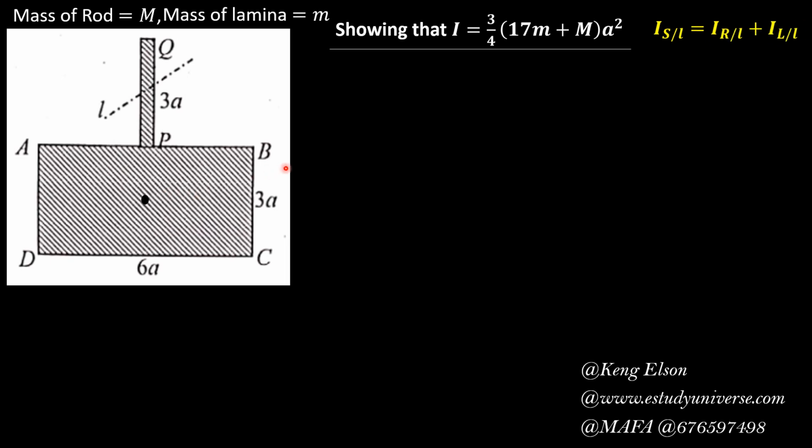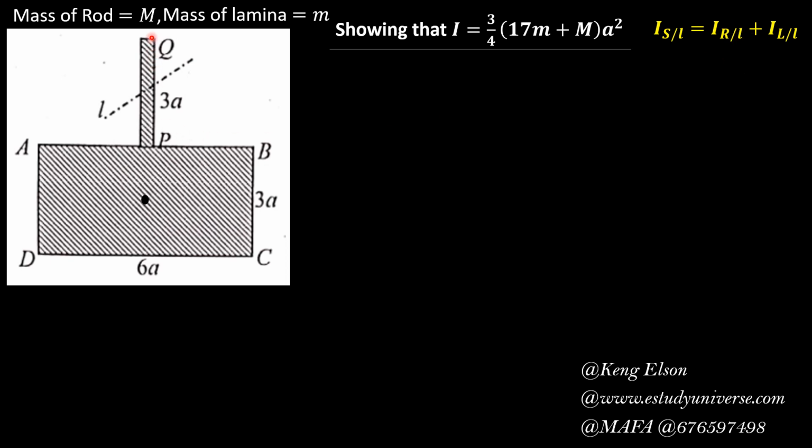So the moment of inertia of the system about the axis L is equal to the moment of inertia of the rod about L plus the moment of inertia of the lamina about L. We are going to find each of these, then add and simplify to see if we get the proof at last. So how do I get the moment of inertia of the rod about the axis L?